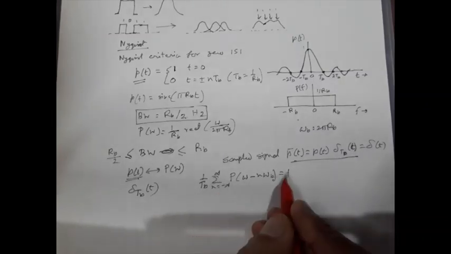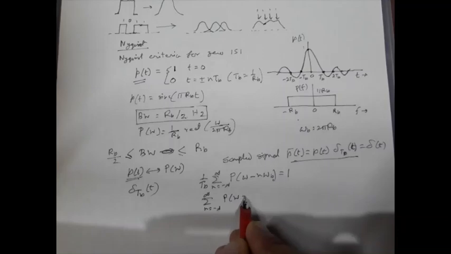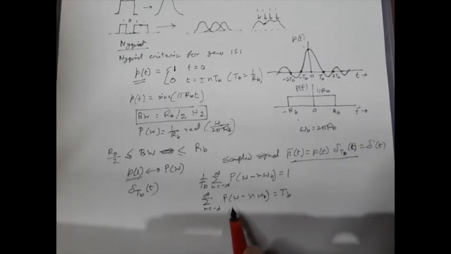Or if we multiply both sides by Tb, we get summation of n equal to minus infinity to plus infinity P of omega minus n omega b equal to Tb. That means the sum of the spectra formed by repeating P omega every omega b is constant Tb.